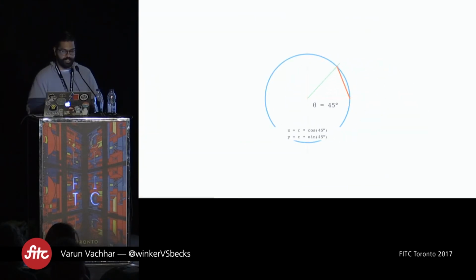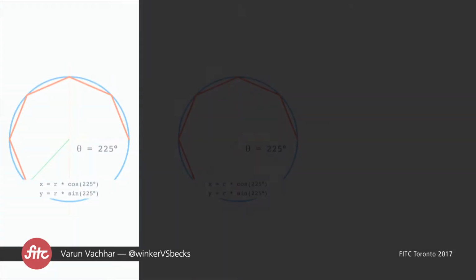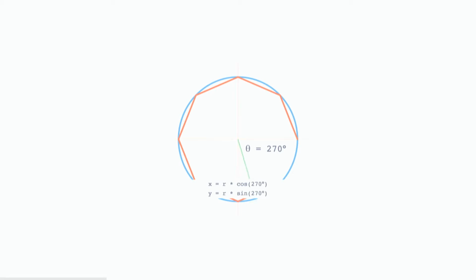So in order to render that shape, we go back to our polar coordinate system, and we start calculating the x and y values using the formula I shared earlier. So x is r times cos of theta, and y is r times sine of theta. We start with theta as 0 for the first point, 45 for the second, 90, then 135, 180, and so on. That way we can locate the vertices of all these points and actually create the shape that we're trying to build.